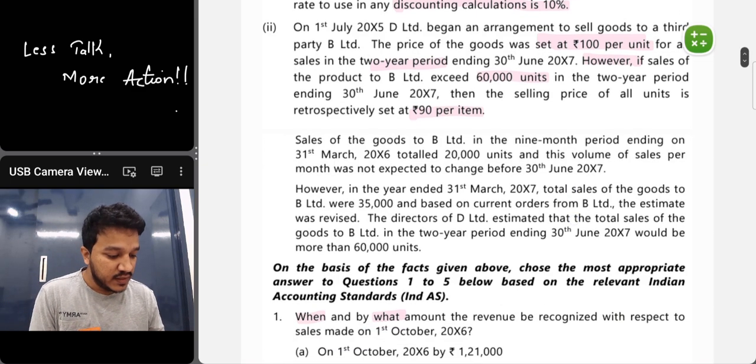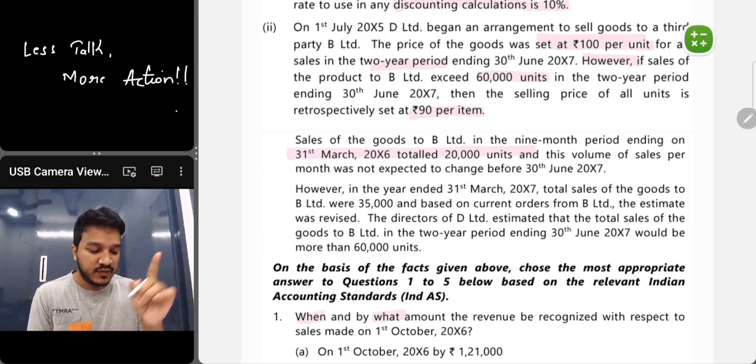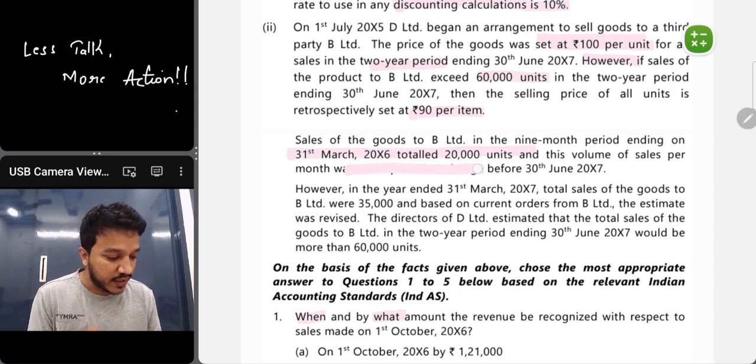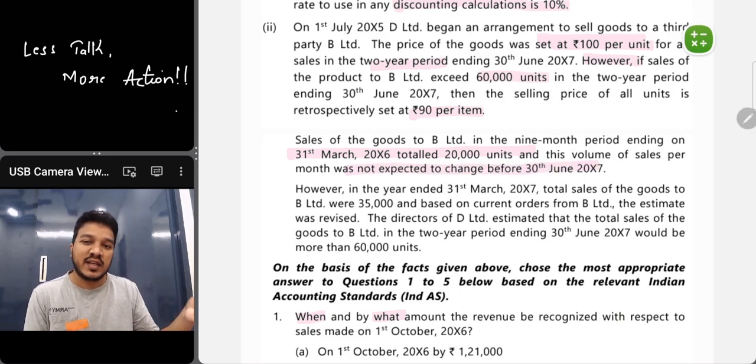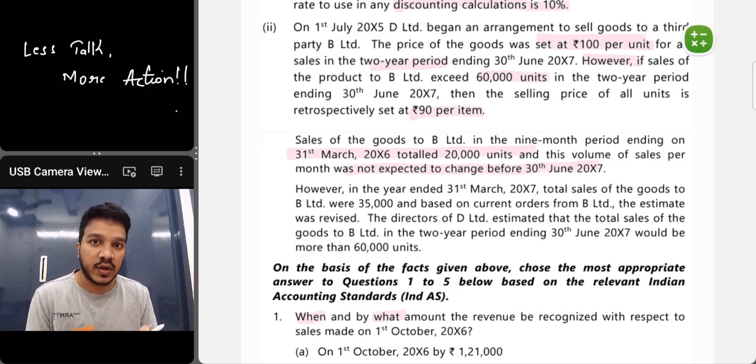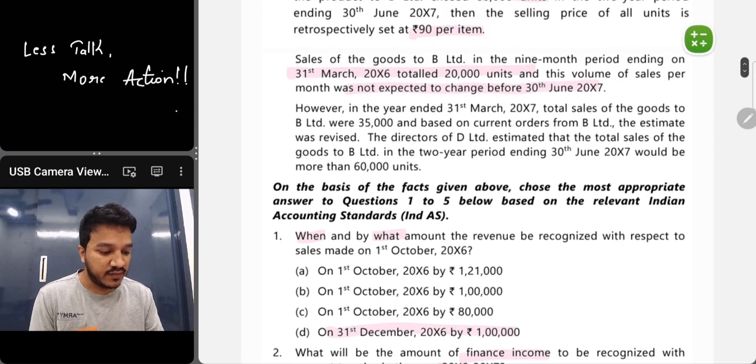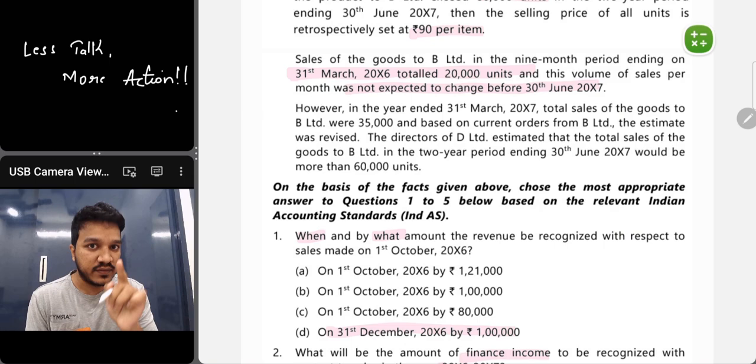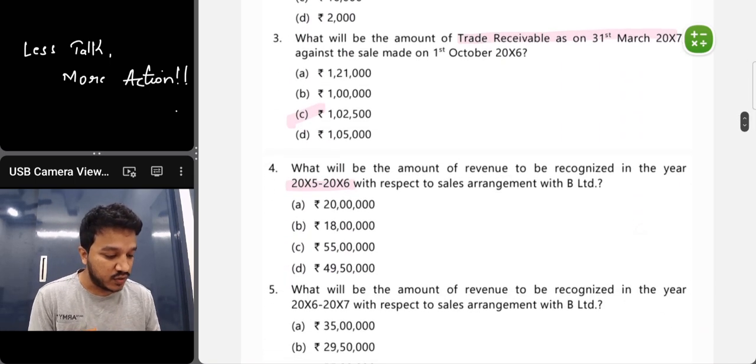Perfect. Sales made to the customer in the first year, 2005-06, amounted to 20,000 units. The volume is not expected to cross 60,000 in the next year; they do not expect to sell that many units. So the price of the product will be 100 only. To answer the first question, you are standing on 31st March 2006, and the total is 20,000 units. The question is also for 2005-06.